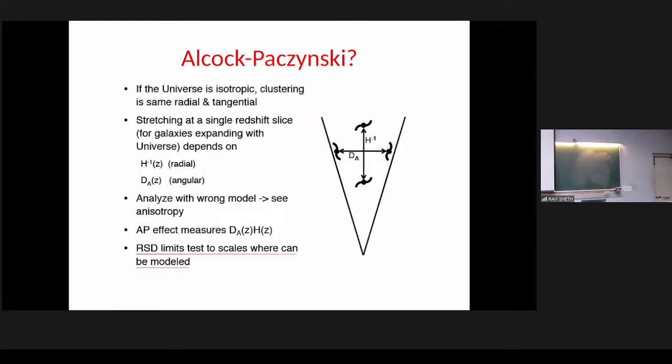Okay? So that's the way the game is played. You play the Alcock-Paczynski game to turn your measurement into something that is round, something that is a sphere. And once it's a sphere, you measure its radius. And you say, is it the one that the CMB predicted? That's a nice game to play.